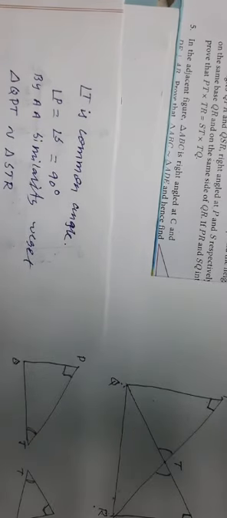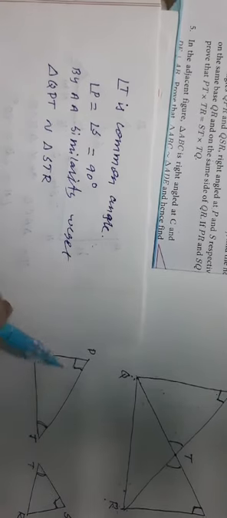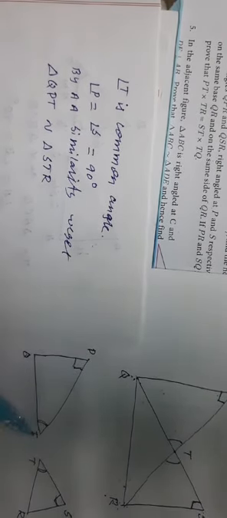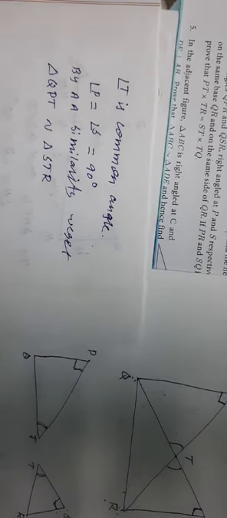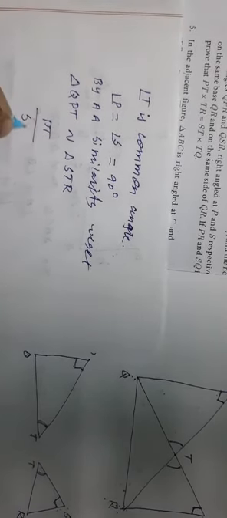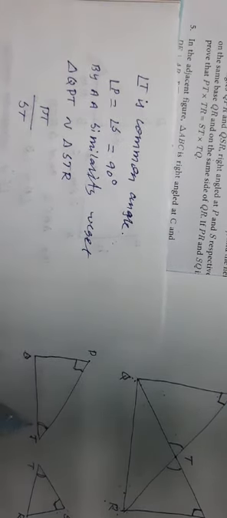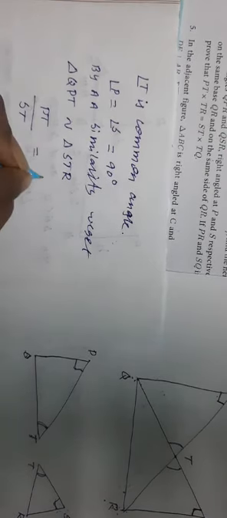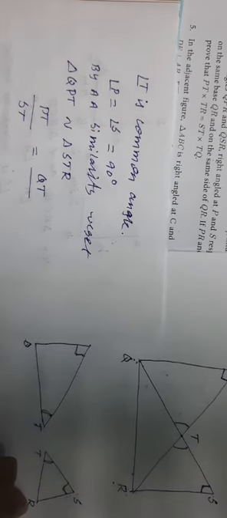Okay. So now I can take the ratios of the sides of the triangles. Here PT, and here the corresponding side is ST. So PT by ST, first corresponding sides PT and ST, and then the second corresponding sides, QT by the corresponding side TR.